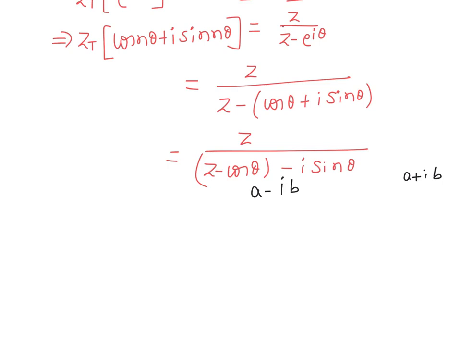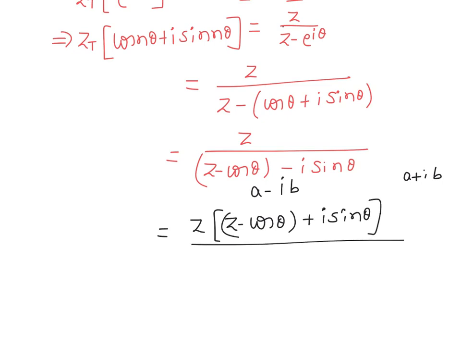Let us multiply and divide by a plus ib. So it is z into the conjugate of the denominator, (z minus cos theta plus i sin theta), and the denominator (z minus cos theta minus i sin theta), which we already have, multiplied by (z minus cos theta plus i sin theta).